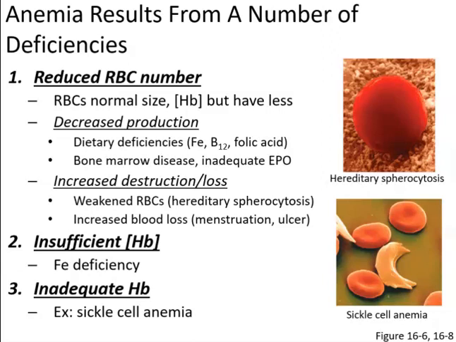For example, weakened red blood cells, such as those formed due to hereditary spherocytosis causing an abnormal shape of the cell, could be easily destroyed by organs such as the spleen. Or an increased blood loss, such as monthly blood loss due to menstruation or even a bleeding peptic ulcer, could also reduce the number of red blood cells.